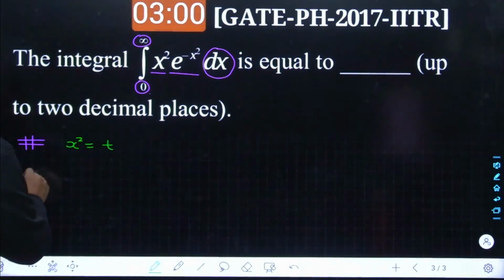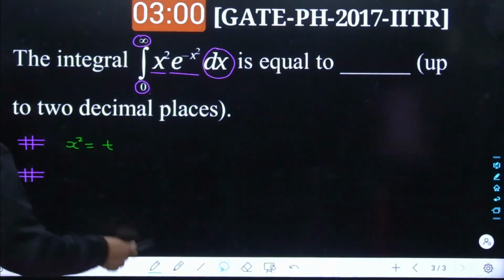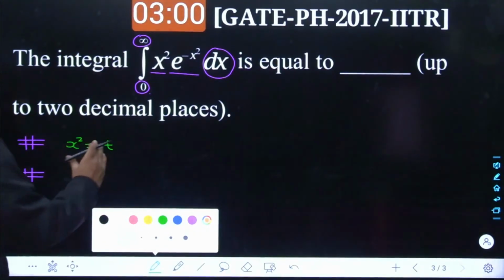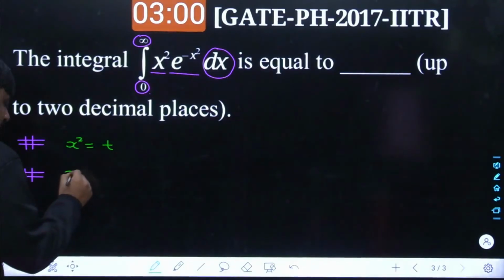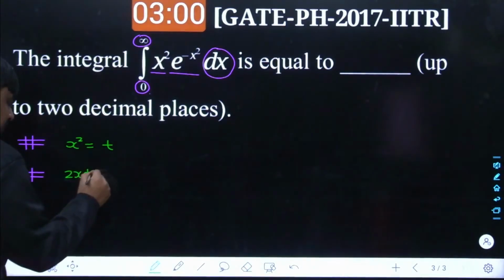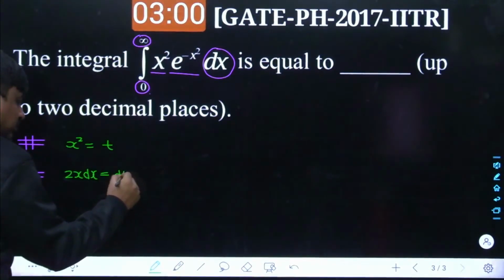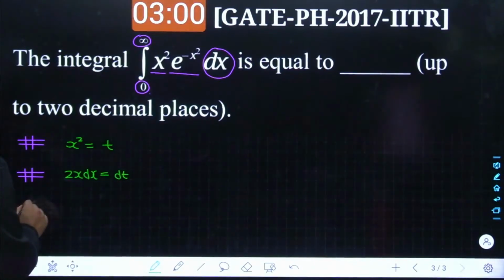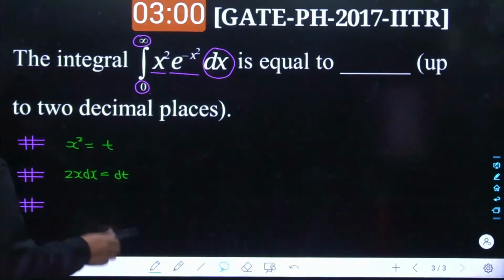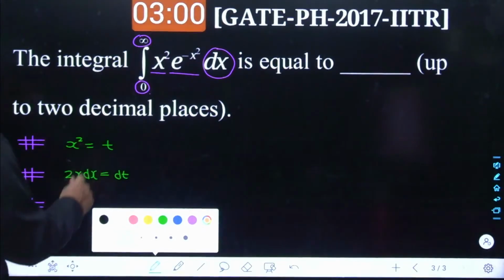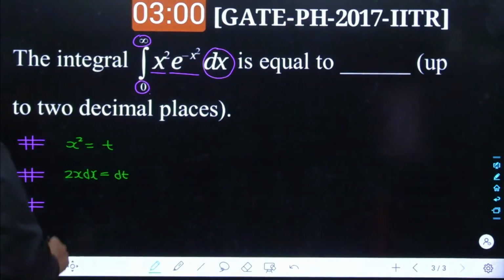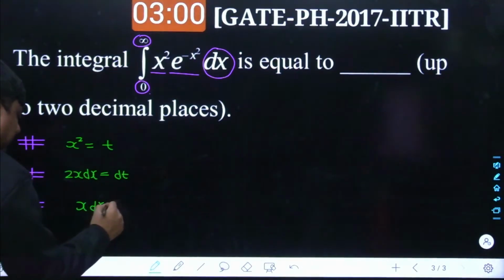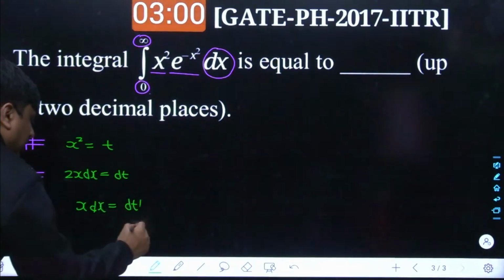Once you feed x square equal to t, what happens? We take differentiation on both sides. So it becomes 2 times x dx is equal to dt. Virtually speaking, dx could be written in a form of t, and you yourself would be able to see over here. So x dx is equal to dt by 2.